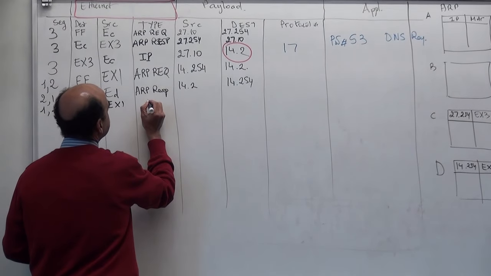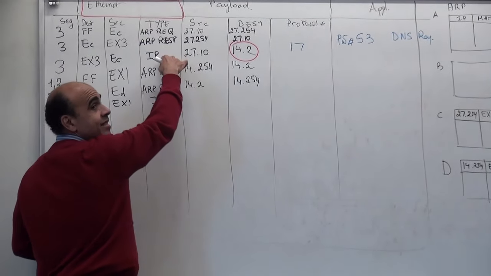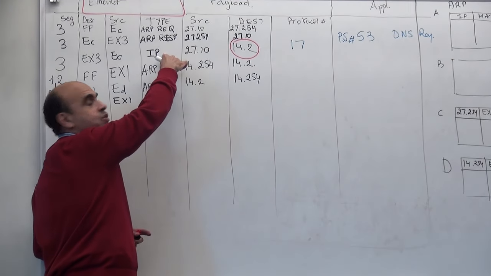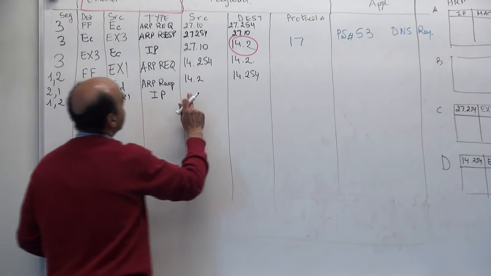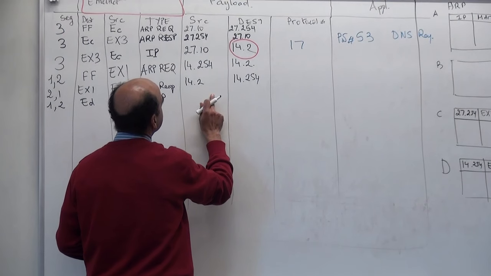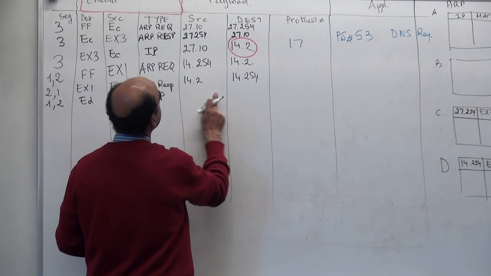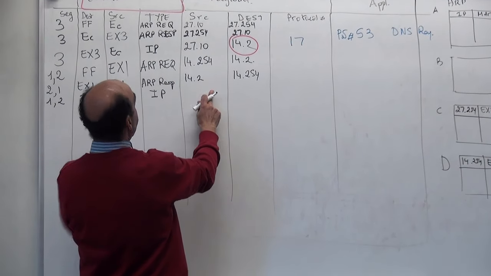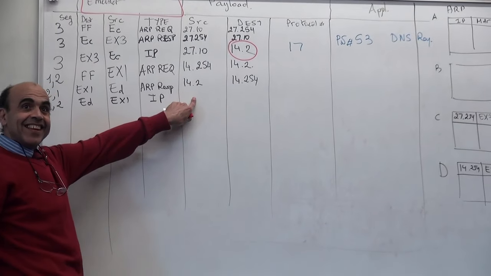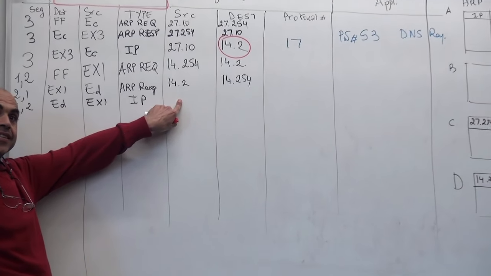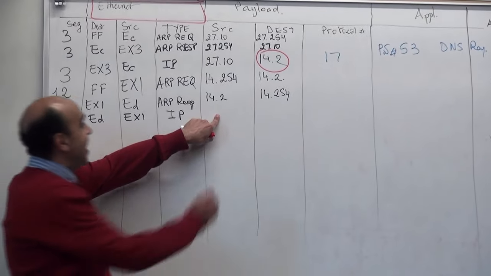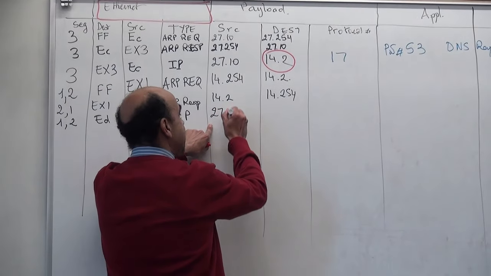What is the type? IP. That means it is this packet that we are trying to send. What is the source? 14.254. Who asked the request? 27.10. We don't change that.